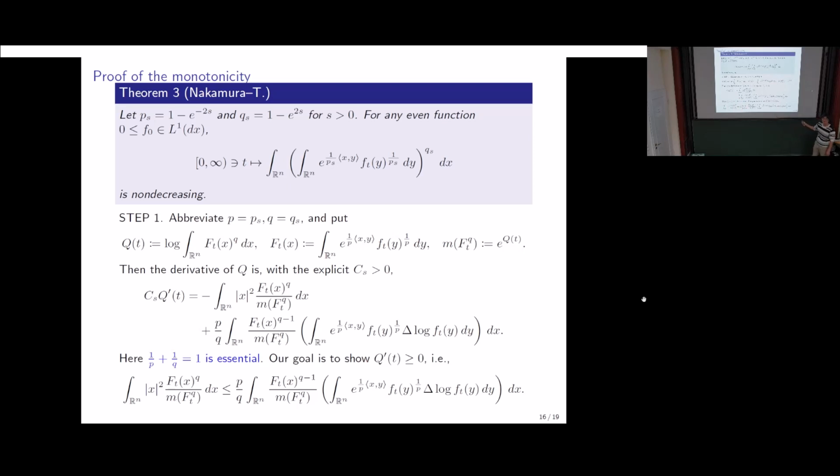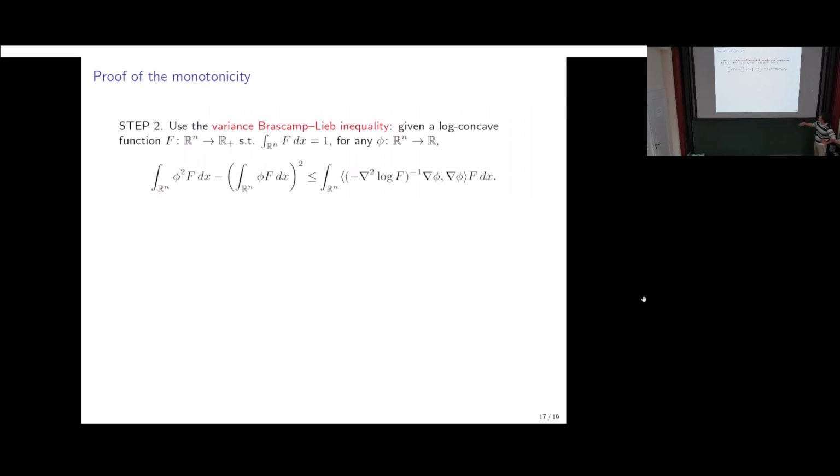To show these inequalities, we use two tools. The first one is the variance Brascamp-Lieb inequality in this sense. This means that there is some log-concave function, and given a function phi, the variance with respect to f is bounded from above by phi.